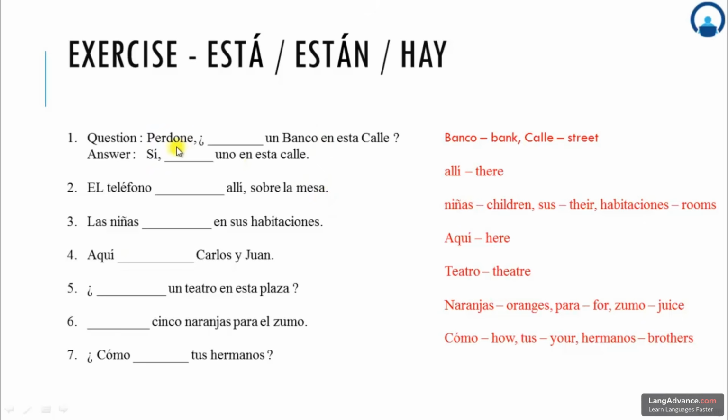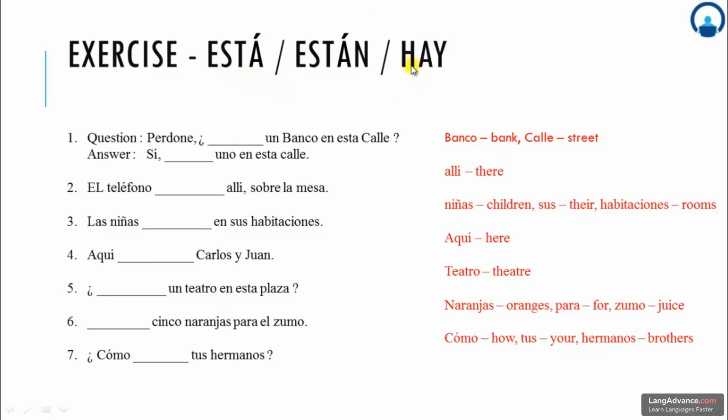So you have to translate the statement first and check which of these three, that is está, están and hay, apply in this blank. And whichever applies, you have to write it down in your notebook. Similarly with others, you have to fill in the blank whichever applies from these three.